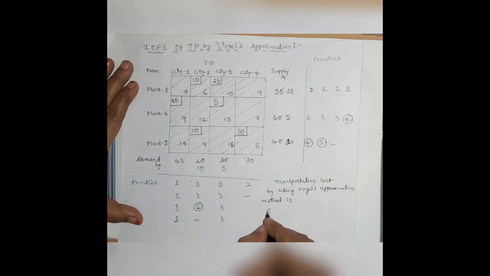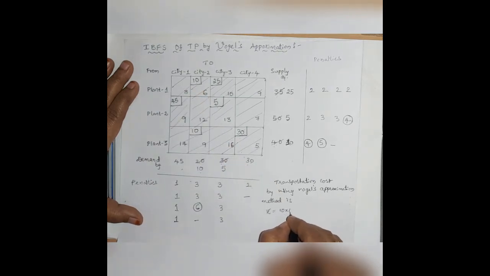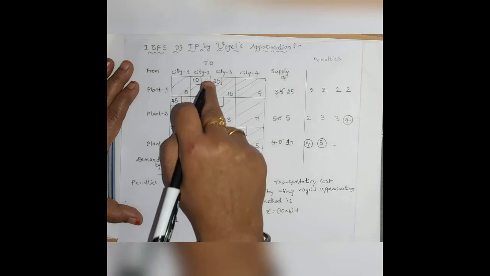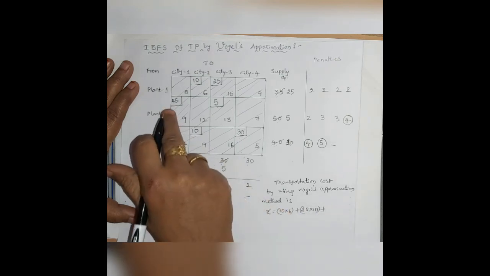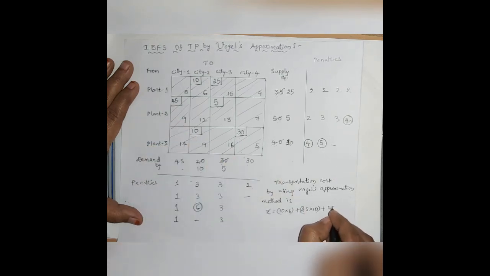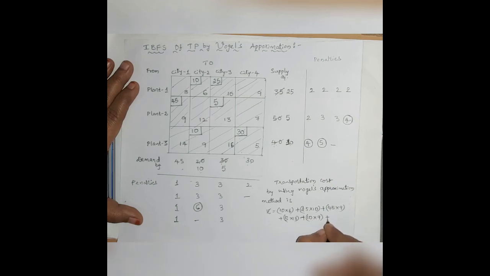Z is equal to, so here 10 into 6, plus 25 into 10, plus 45 into 9, plus 5 into 13, plus 10 into 9, plus 30 into 5.